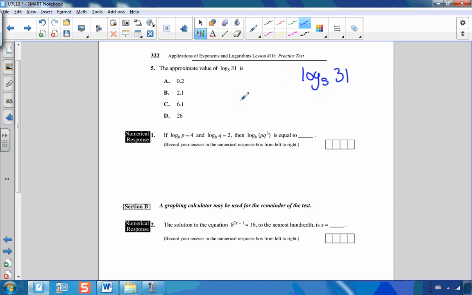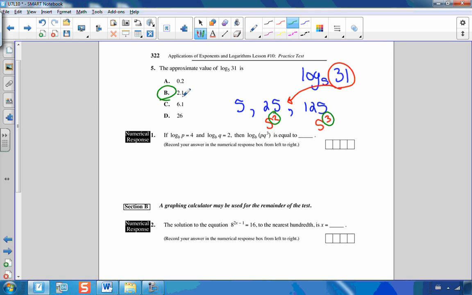You can have 5 by itself, 5 times 5, which is 25, 5 times 5 times 5, which is 125. So this argument of 31 is in between 25 and 125. This is 5 squared, this is 5 cubed. So I know that the value of the log will be in between 2 and 3, but much closer to 2 because 31 is much closer to 25 than 125. So this would be my answer here.